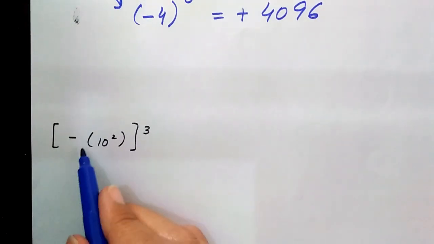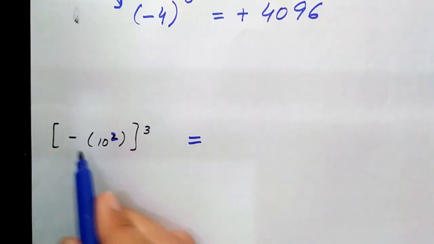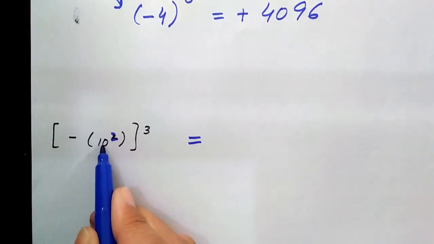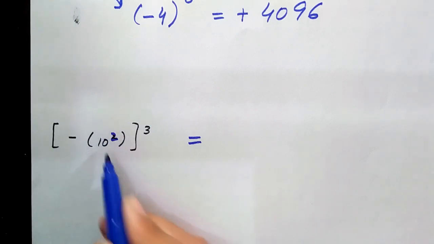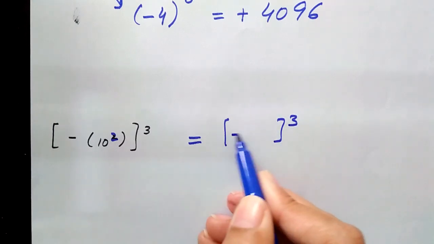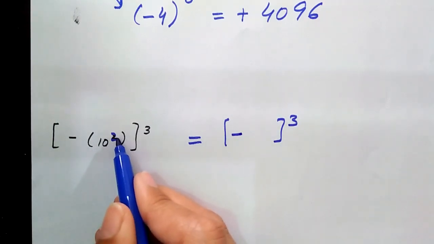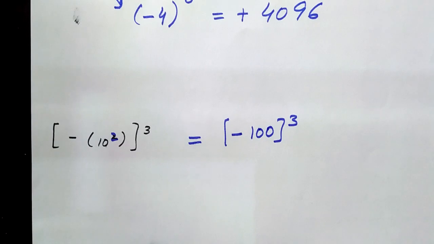Now for solving this other question, you can see this negative is outside of this bracket. So first of all, solve this bracket. We will get negative of 10 raised to power 2. It means multiply 10 two times, so I will get 100.